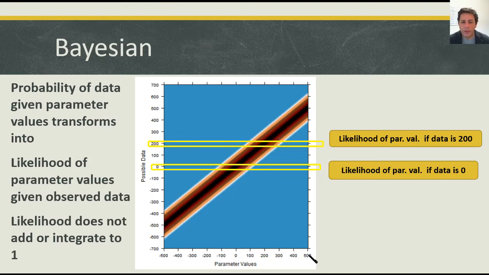Well, it could be a mean, it could be a difference between means, it could be many things that we are interested in about a population parameter. Let's say here it's a mean, and it could be anything in the population between -500 and 500. Now, for each possible value, we use a normal distribution to say what's the most likely value.